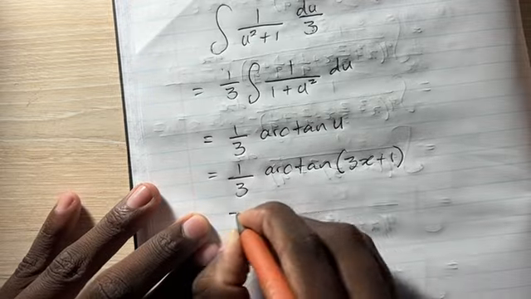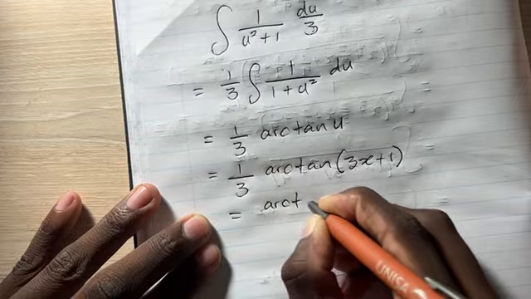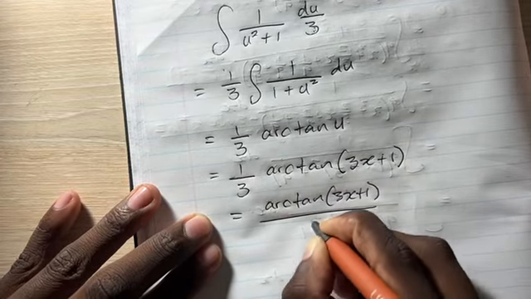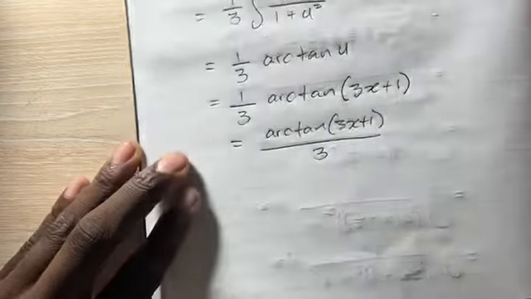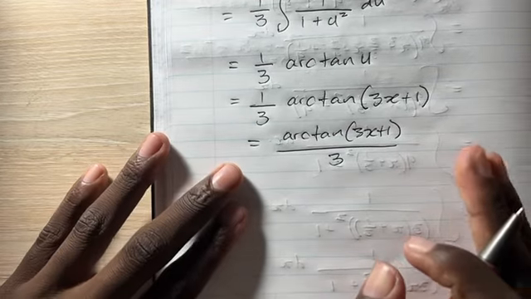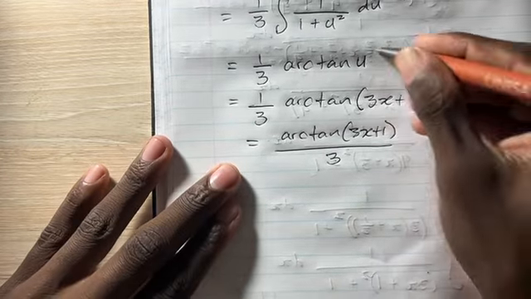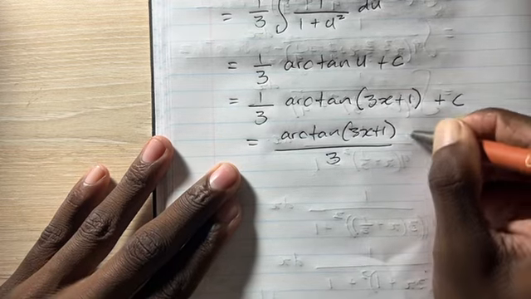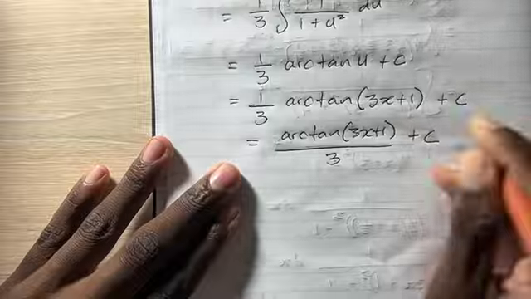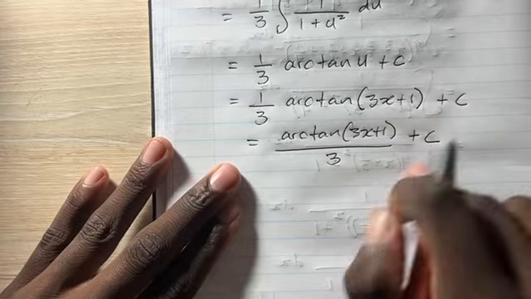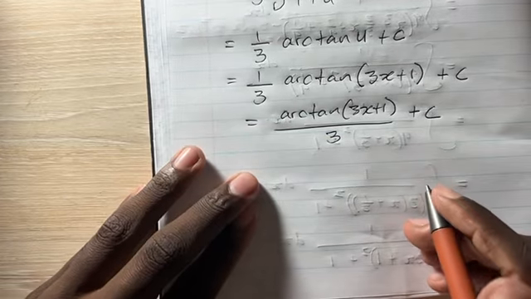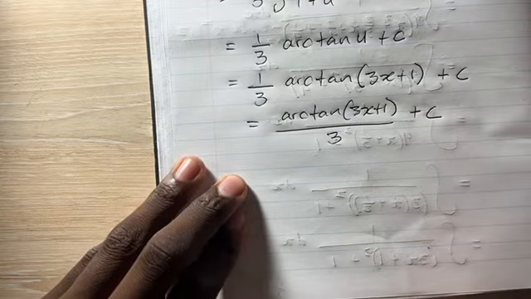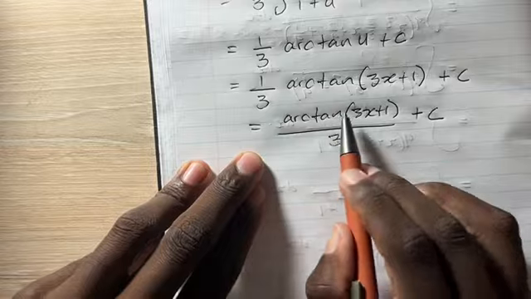So basically your answer is arctan of (3x plus 1) all over 3. Okay, that's your answer. Plus C. Remember your constant; don't be like me on that. Always add your constant of integration.